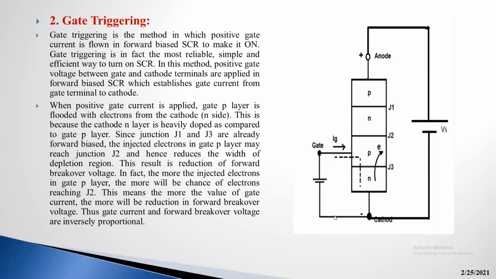The positive terminal of the supply is given to the gate and the negative terminal is connected to the cathode, so the cathode is common.